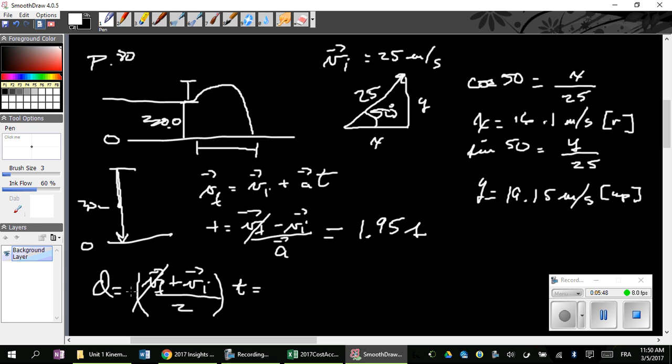V initial is 19.15, divided by 2, times 0.95. That gives me 18.7. Those are meters. Perfect.